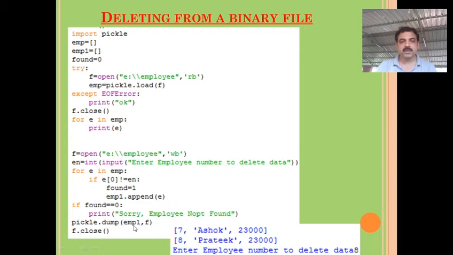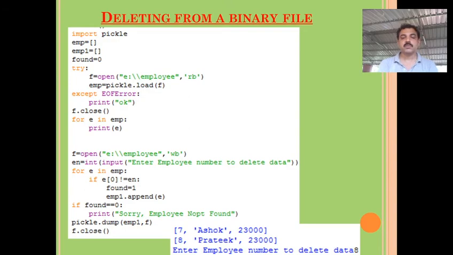Pickle.dump emp1, comma f. Emp1 is nothing but the new list which contains everything except the employee number which is matching. Except that which is matching, we transferred to another list. That new list will be transferred to the file. So it updates, overwrites. This is how deleting is done.